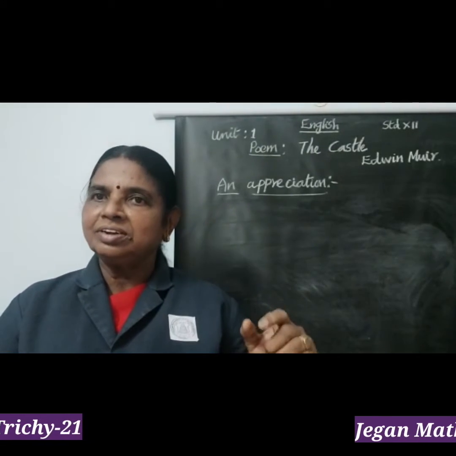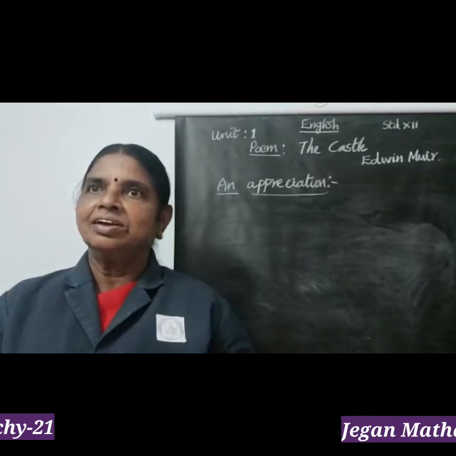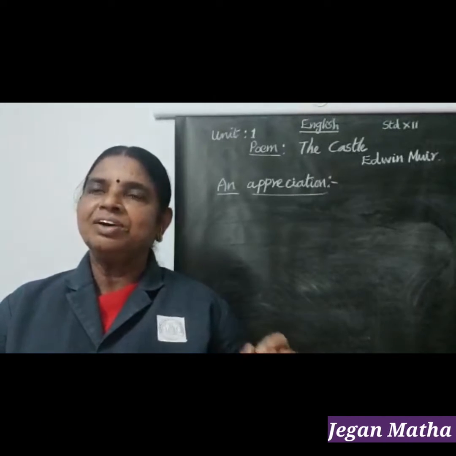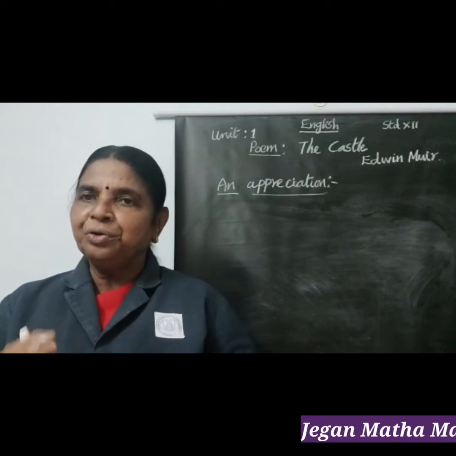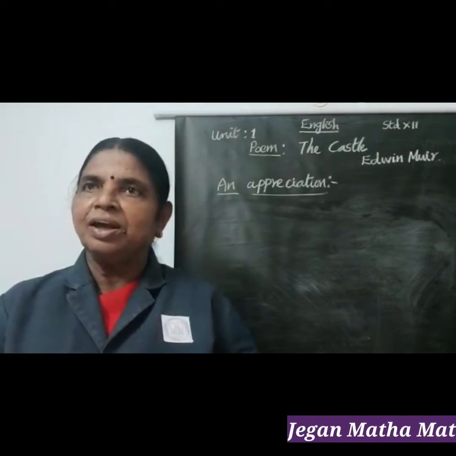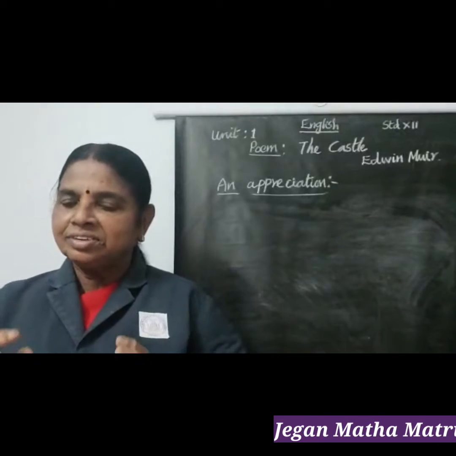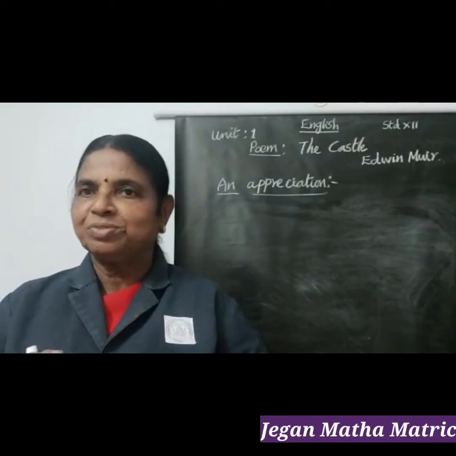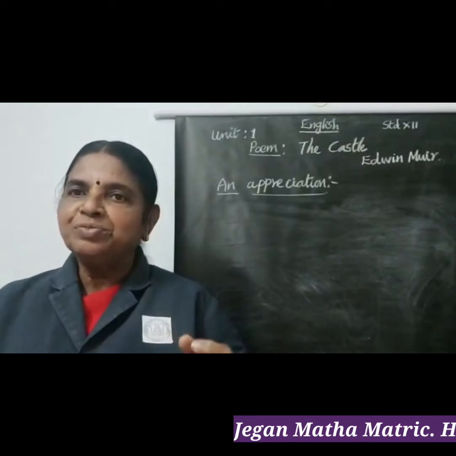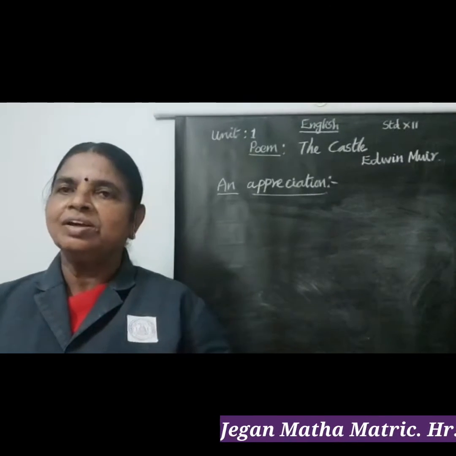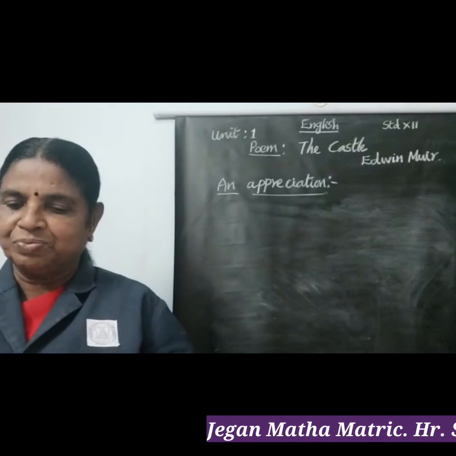You have learned in higher classes, in high school level, rhyming words and rhyme scheme. You know what is rhyme scheme and rhyming words. I'll just read the first stanza of this poem and you just find out the rhyme scheme and the rhyming words of this first stanza.